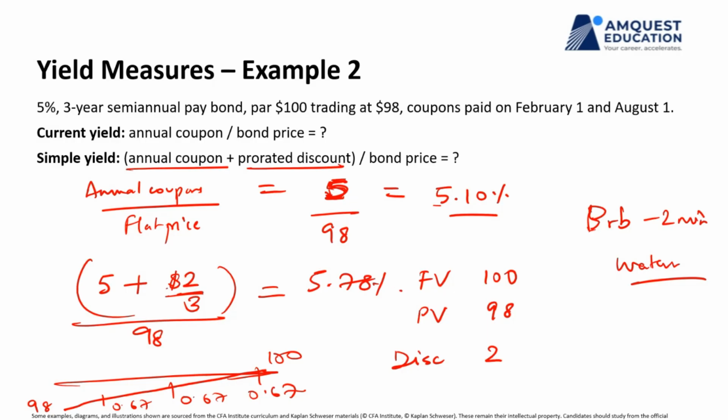So when we say amortized discount, prorated discount, it's all about what is the discount and how many years that discount is going to be spread over.